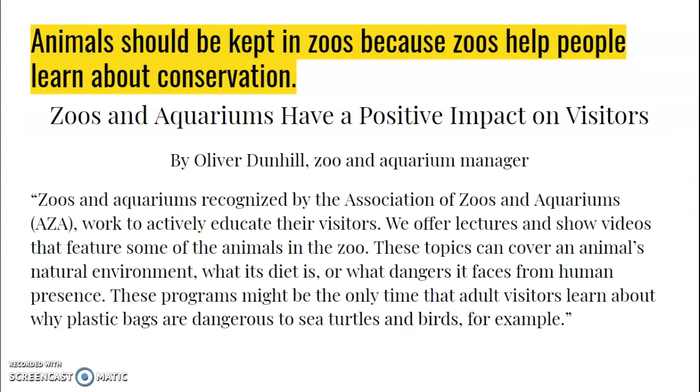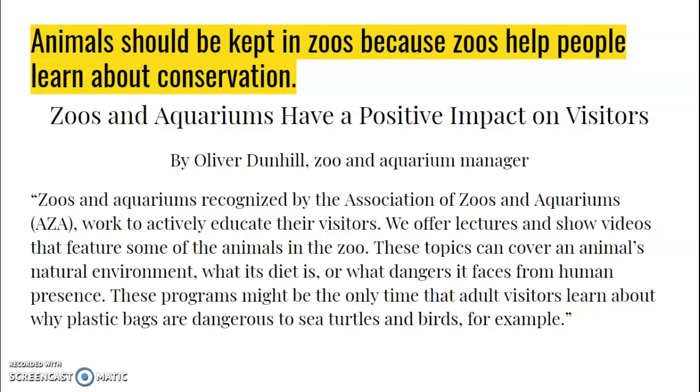So I looked in the text, Zoos and Aquariums Have a Positive Impact on Visitors by Oliver Dunhill, who was a zoo and aquarium manager. And I found this quote. It says, zoos and aquariums, recognized by the Association of Zoos and Aquariums, the AZA, work to actively educate their visitors. We offer lectures and show videos that feature some of the animals in the zoo.